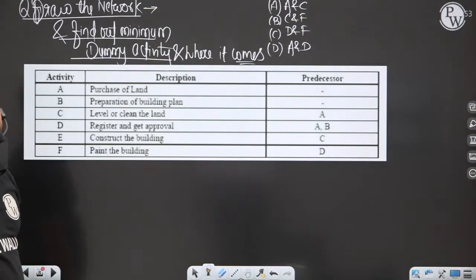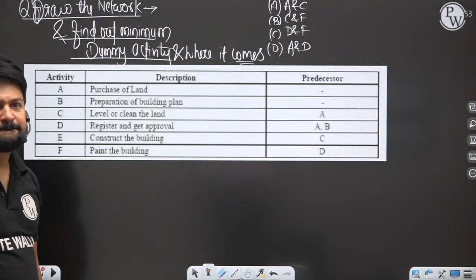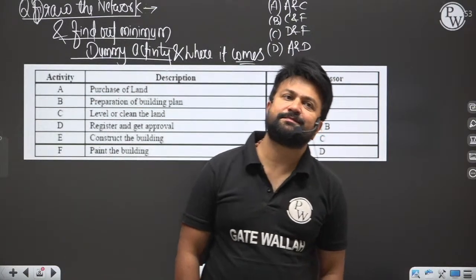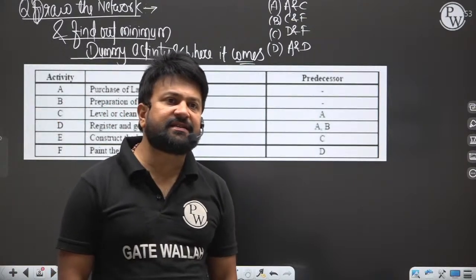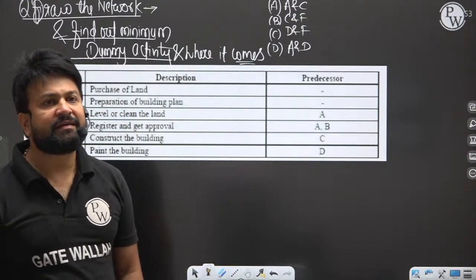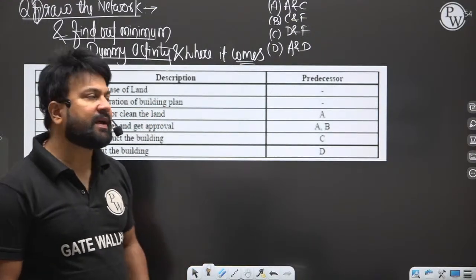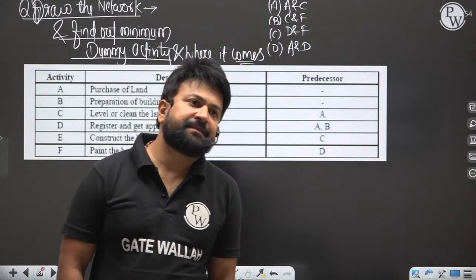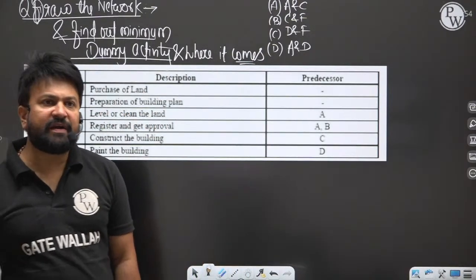You say between D and F. No. First of all, Harshit, tell me how many dummy activities are there? Minimum. I'm asking minimum, not the maximum. Maximum could be anything. I'm asking, tell me the number of dummy activities.